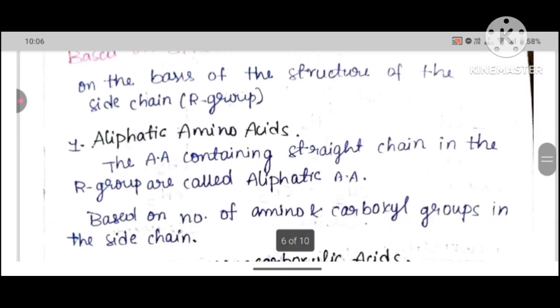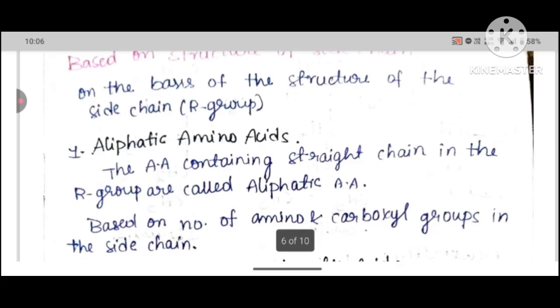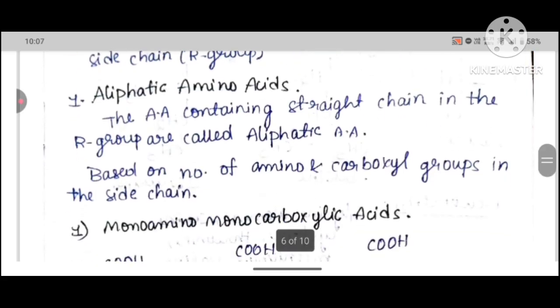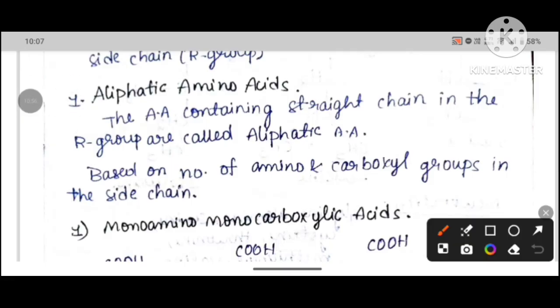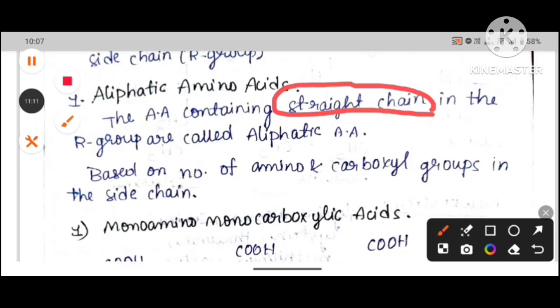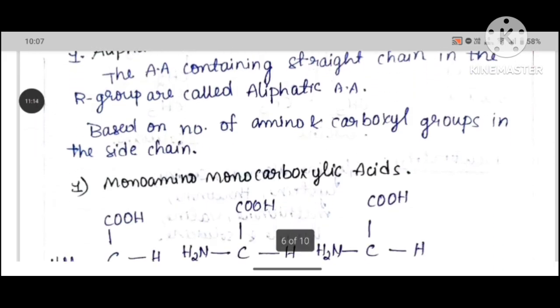Next, there is a classification of amino acids based on the structure of the side chain. We have aliphatic amino acids. Aliphatic amino acids are the amino acids with no carboxylic group in the side chain.